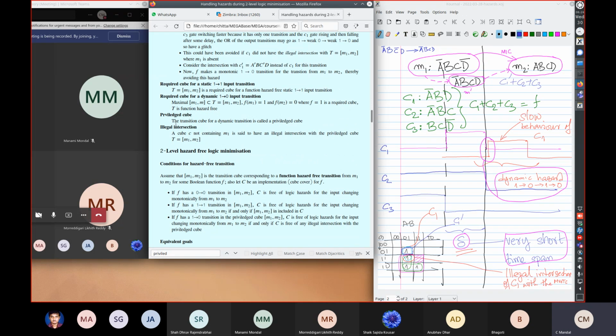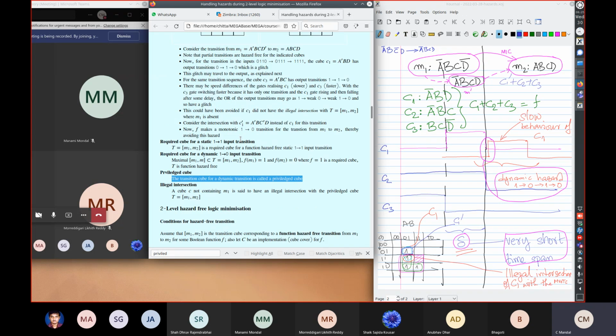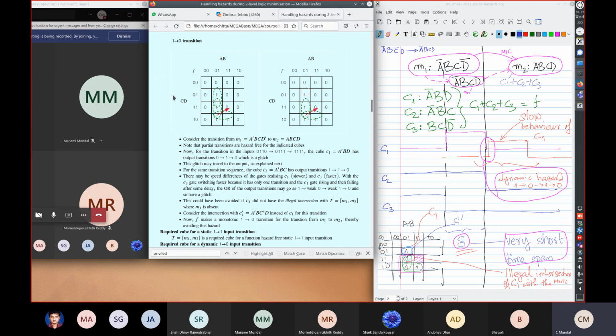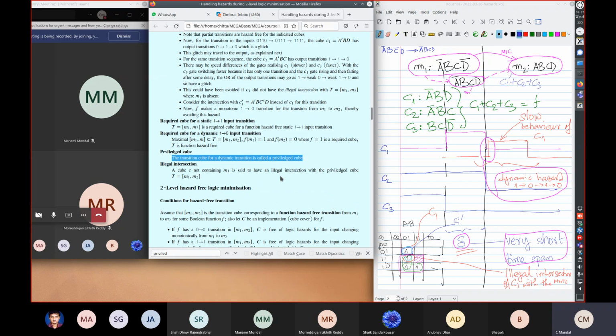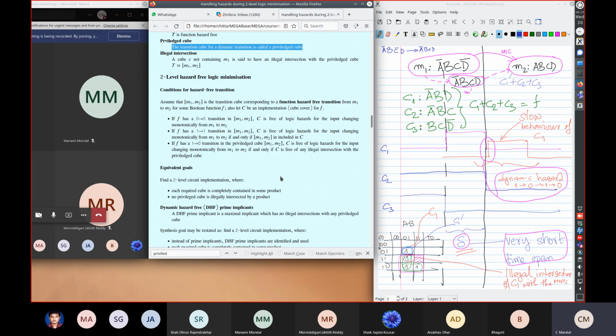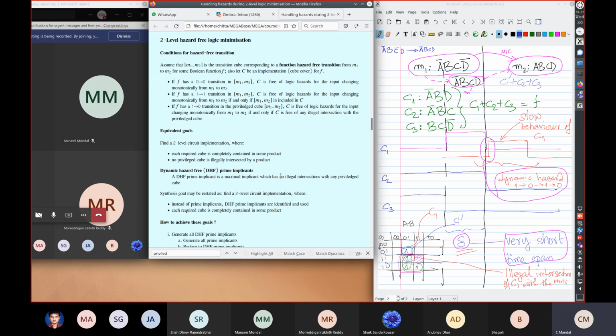Okay, so this privileged cube is the transition cube for a dynamic transition. That's a privileged cube. It's not shown here. It's this cube. All right, so how can we attempt two-level hazard-free logic minimization?